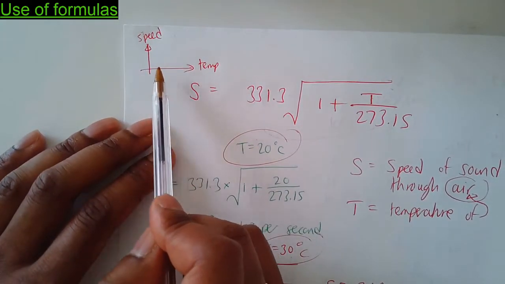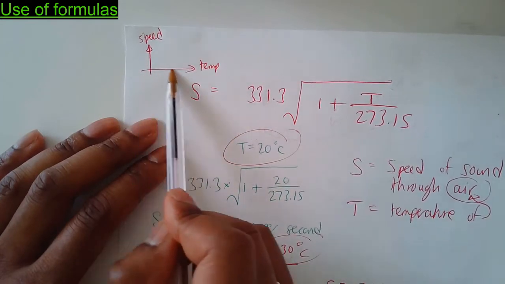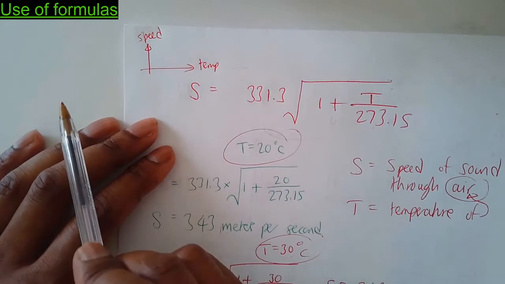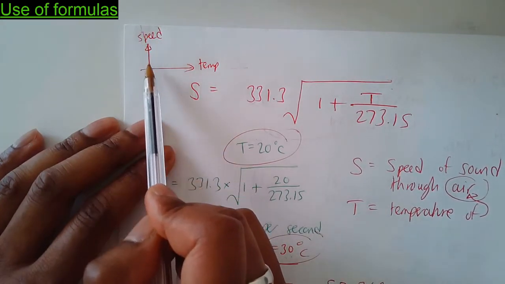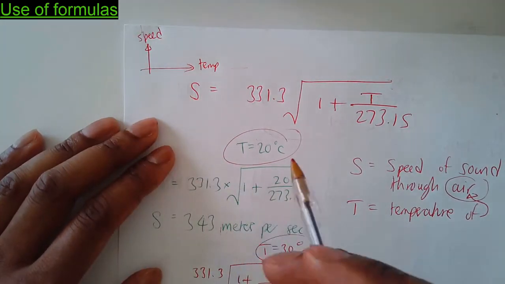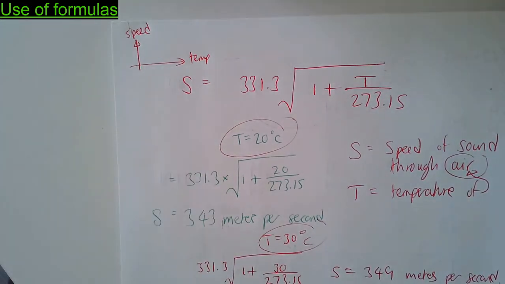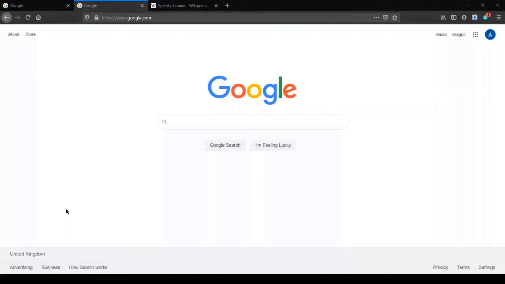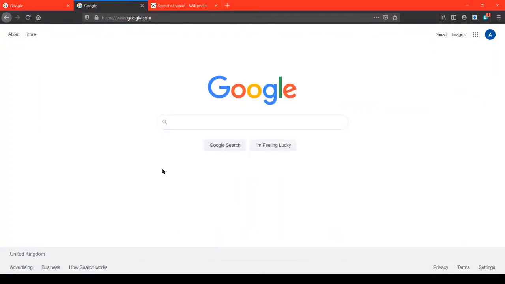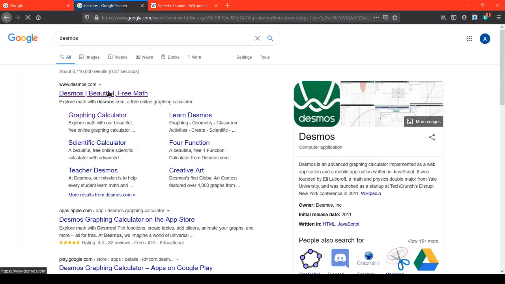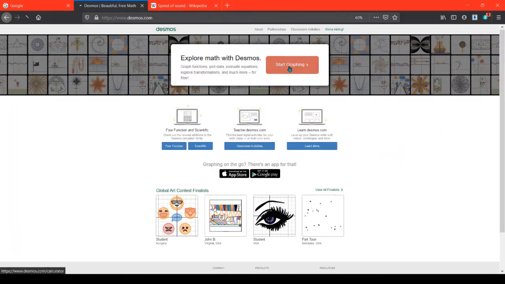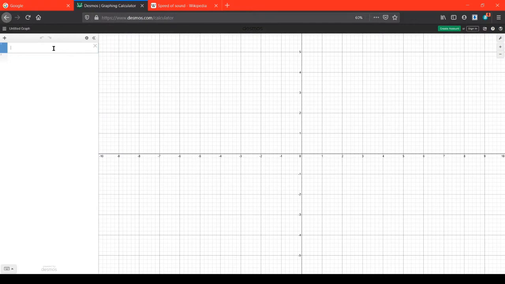So what I'm going to do is have temperature T along the x-axis, along the corridor, and the speed along the y-axis, up the stairs. For that, I can use a graphing tool online. If you just look at the screen, right here I'm going to put the formula.